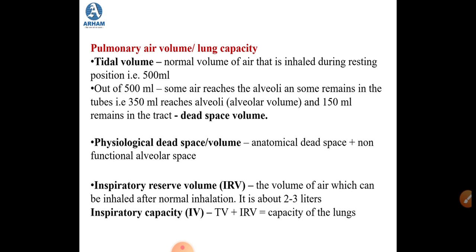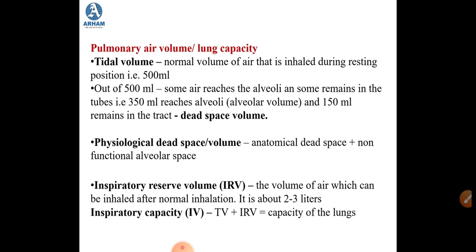Now out of this 500 ml, some air reaches the alveoli, and some air remains inside the tube, that means it remains in the trachea, the bronchi and the bronchioles.